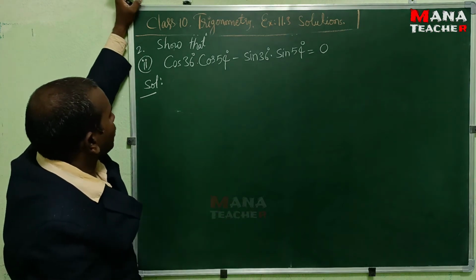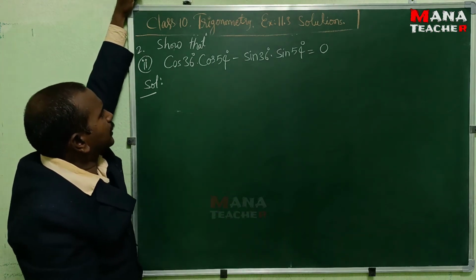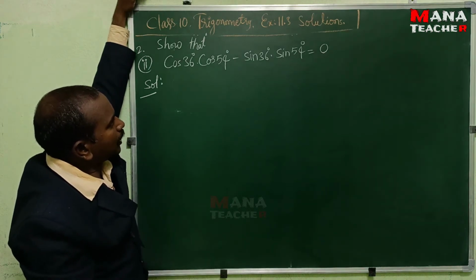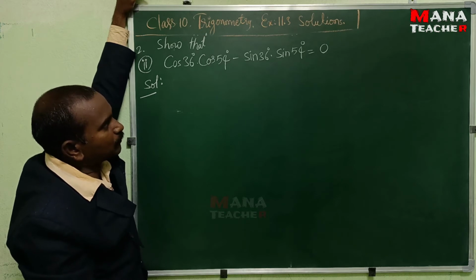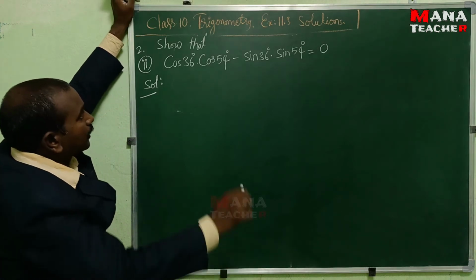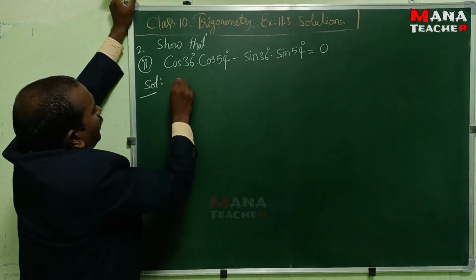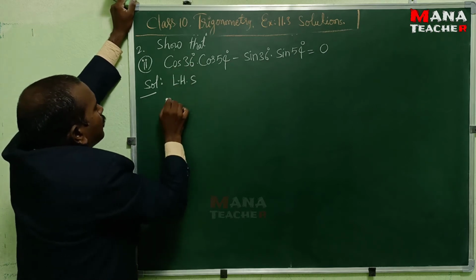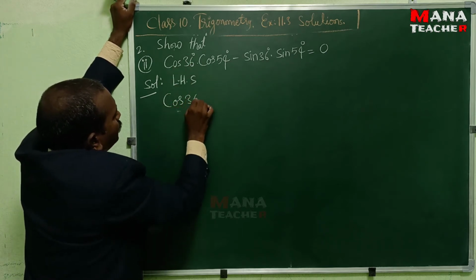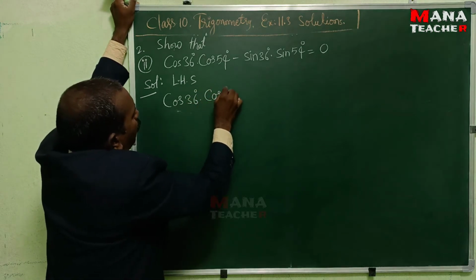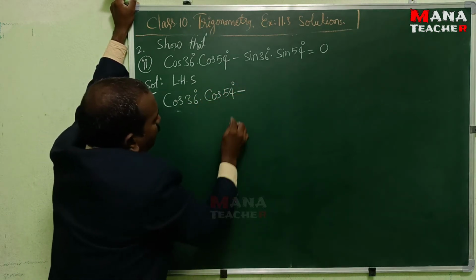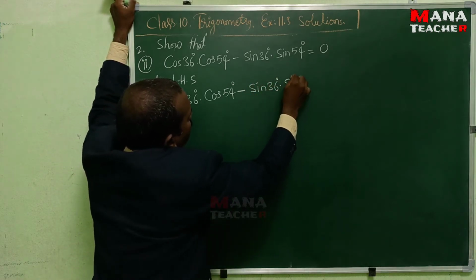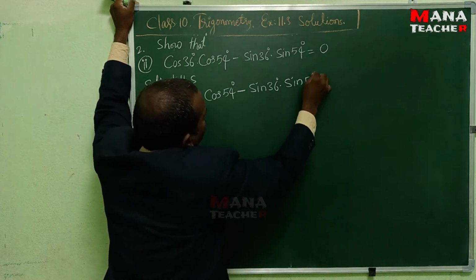Next, second bit, second problem: cos 36 degree cos 54 degree minus sin 36 degree sin 54 degree equals 0. Here LHS, first you have to take LHS: cos 36 degree cos 54 degree minus sin 36 degree and sin 54 degree.